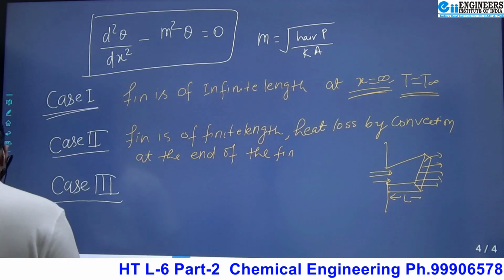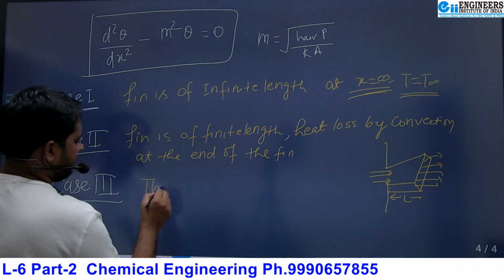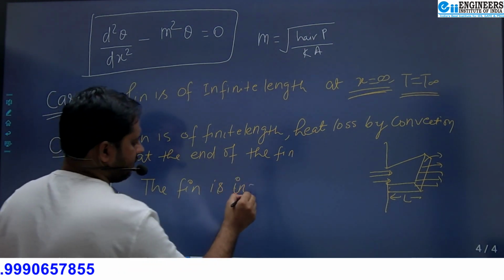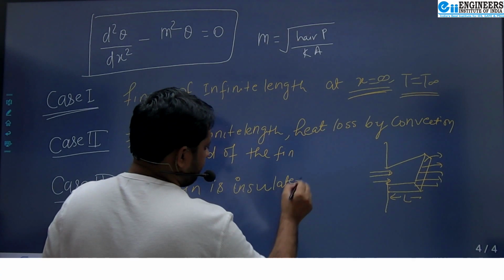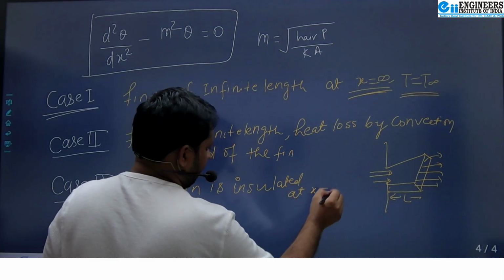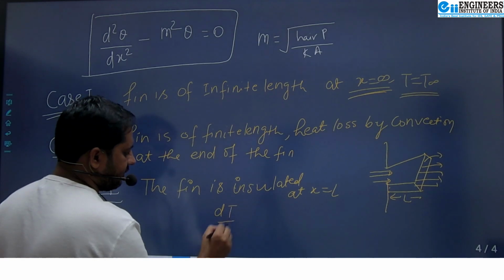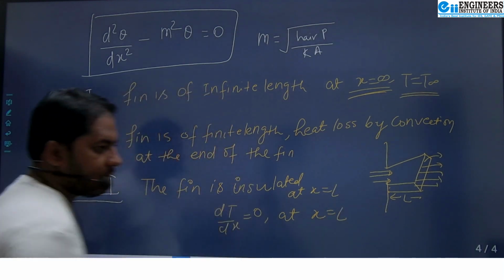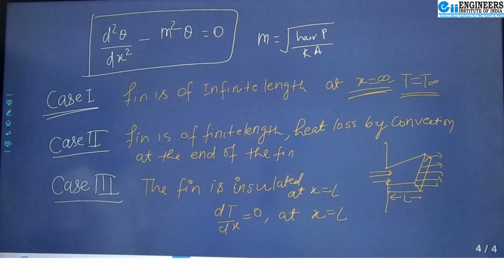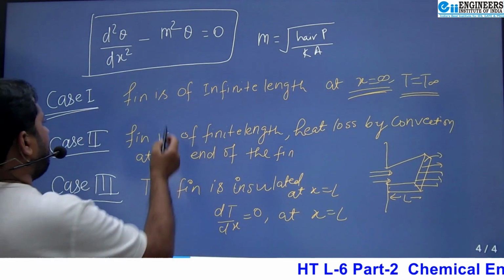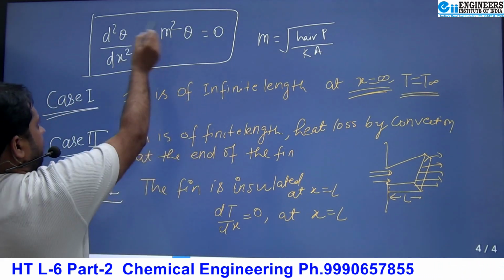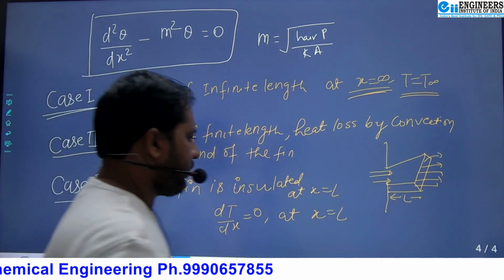And case 3 is the fin is insulated at x equal to L. So dT by dx is 0 at x equal to L. If we concentrate on these three cases, we find that each case is providing two boundary conditions to solve this problem. How?